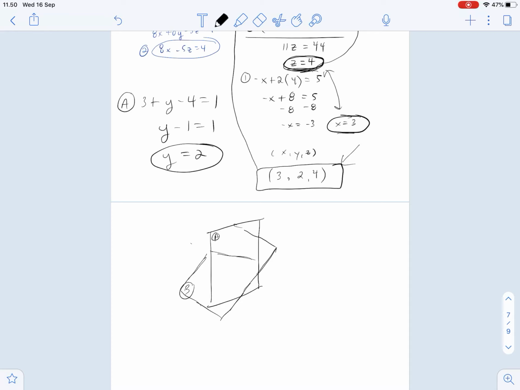This is hard to draw right here, folks. You get into upper math, and things don't become really easy to draw. Anyways, these intersect at one point.